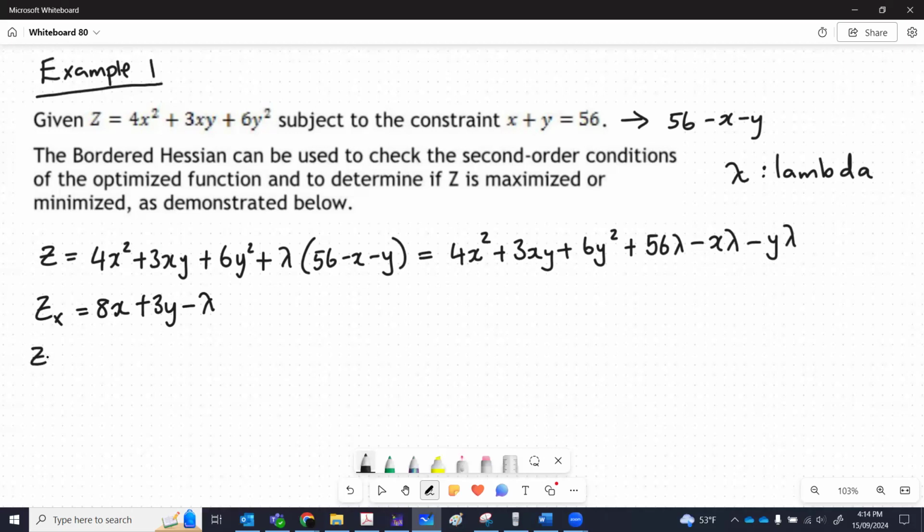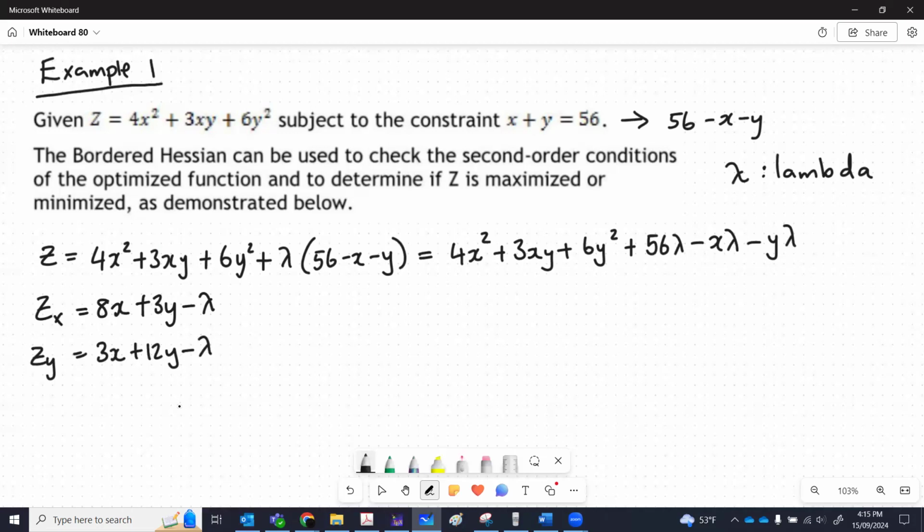Then we find zy. The derivative is 0, the derivative is 3x, then the derivative is 12y, the derivative is 0, the derivative is 0, and here the derivative is minus lambda.